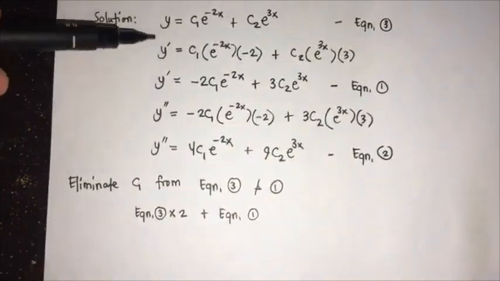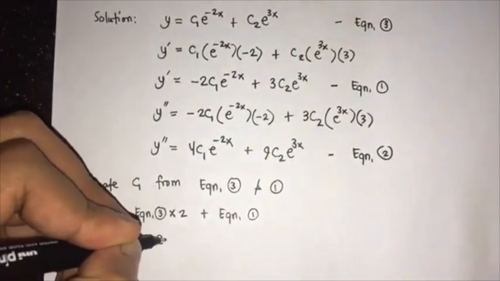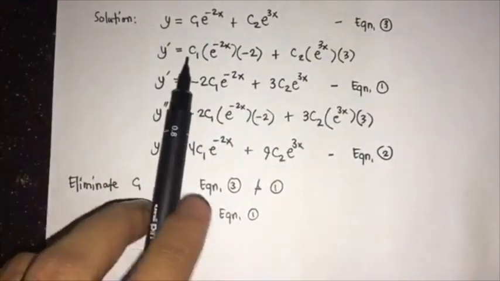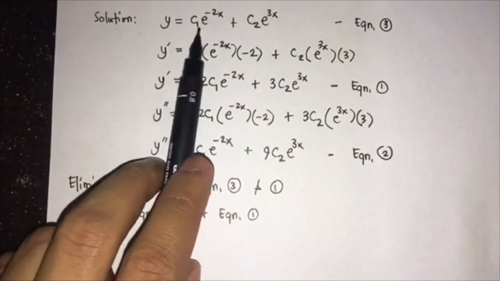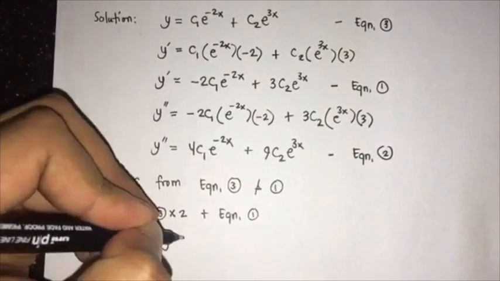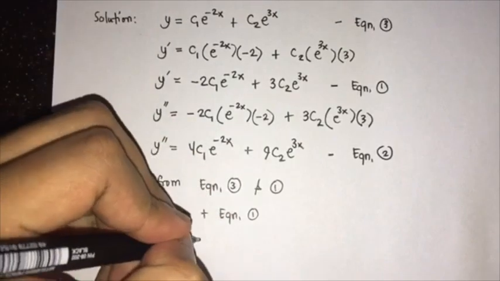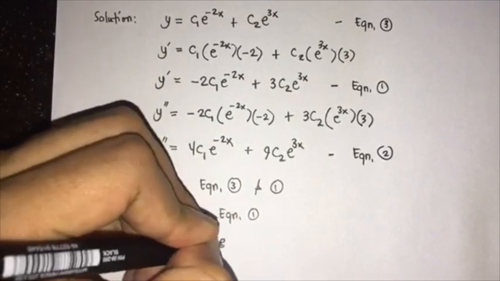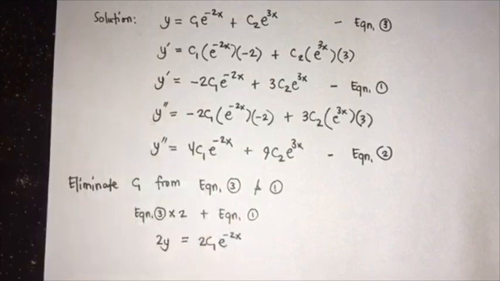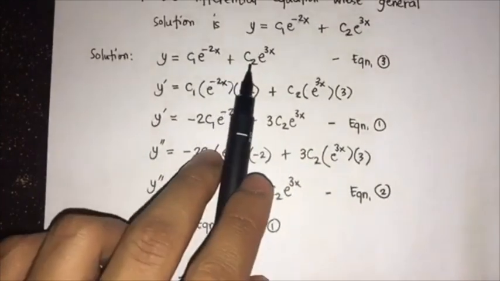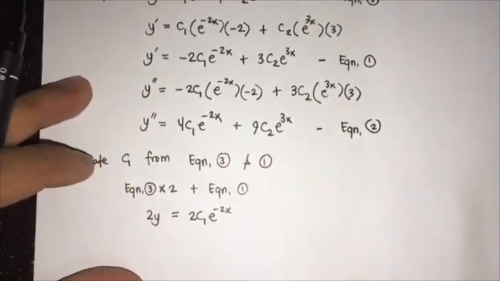So this will become 2y plus 2 is equal to 2c1 e to the negative 2x, and then plus 2c2 e to the 3x.